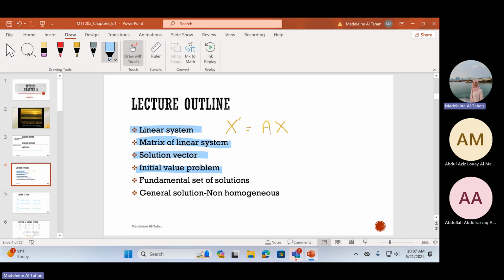Fundamental set of solutions, already we started with it by considering linearly independent solutions. So when we say linearly independent, and we have, let's say, 5 equations with 5 unknowns, I have 5 vectors. To determine whether these 5 vectors are dependent or independent, what we need to find is the Wronskian. If the Wronskian equals 0, it will be dependent or independent?